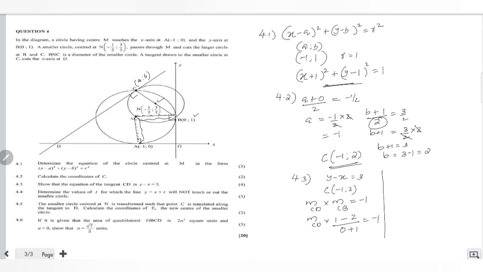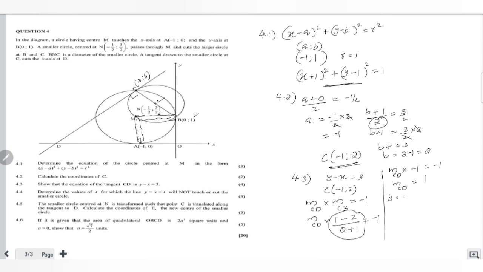So which is going to be gradient of CD times this one. When you simplify, you will get minus 1, right? Minus 1 is equal to minus 1, and therefore gradient of CD is equal to minus 1 divided by minus 1, that is 1. So we can write the equation now.